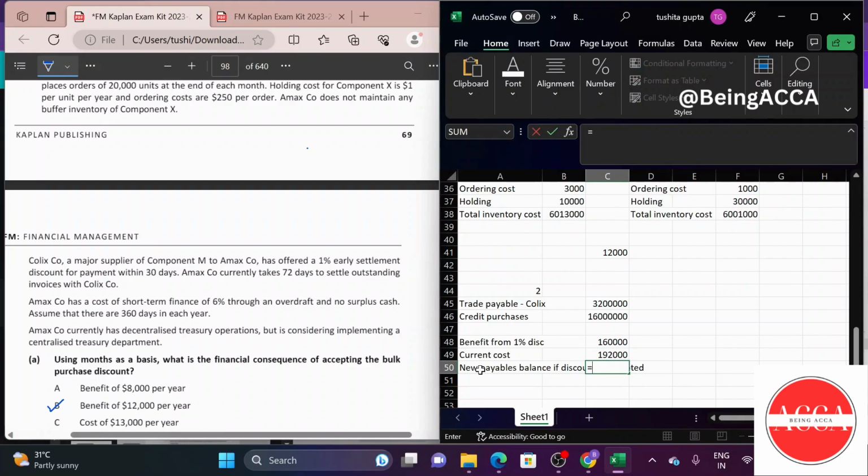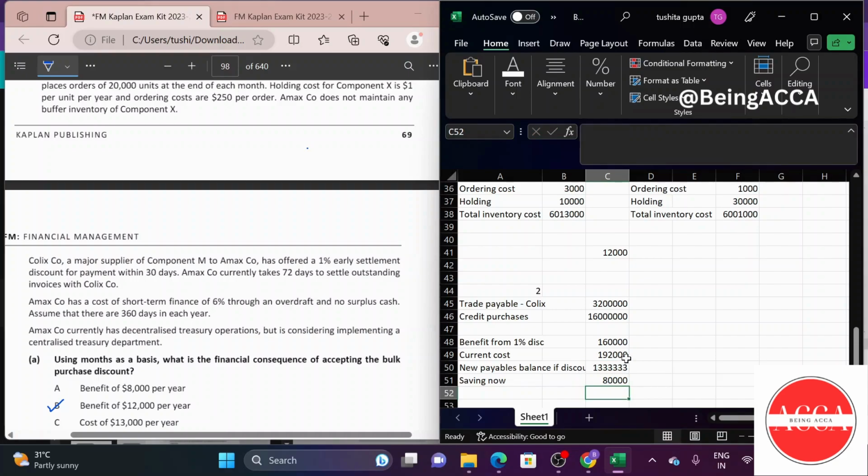This will be the total trade payables, multiplied by 30 and then divided by 72. So 30 by 72, this will be my new payables balance. And let's see how much we are saving now. Saving now will be 6% of this figure. So we will be saving 80,000.